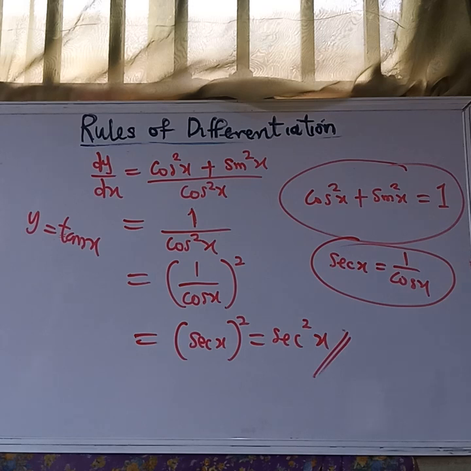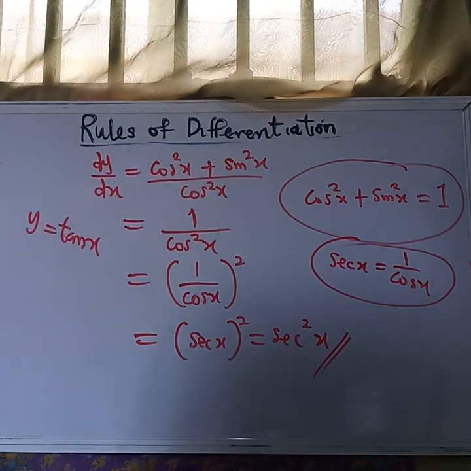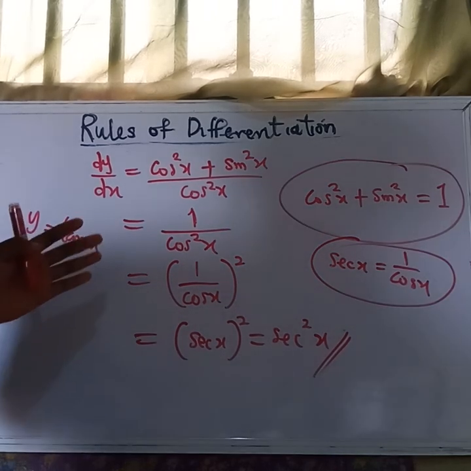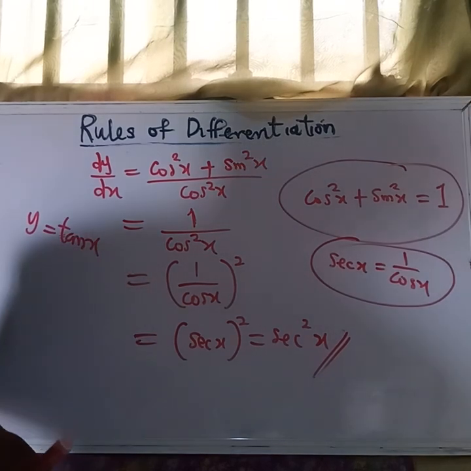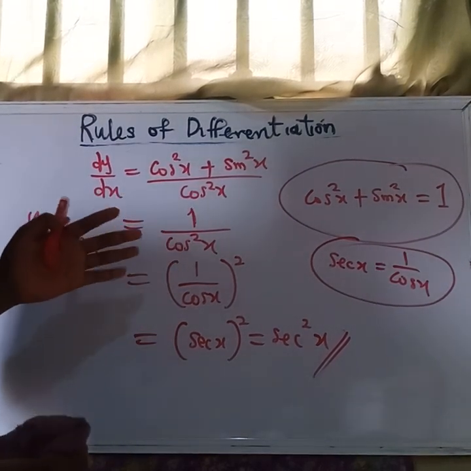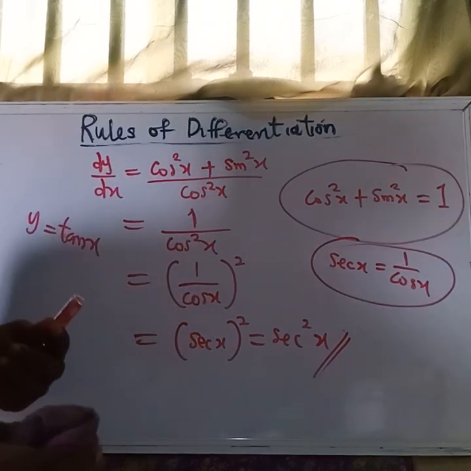Lastly, let us consider one more example under the quotient rule. You will see that most of the examples we are considering here are quotient functions that cannot be reduced.